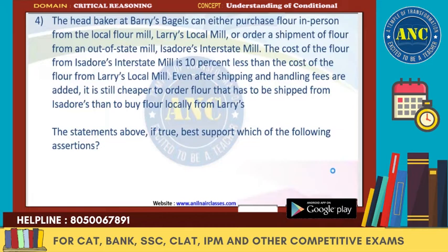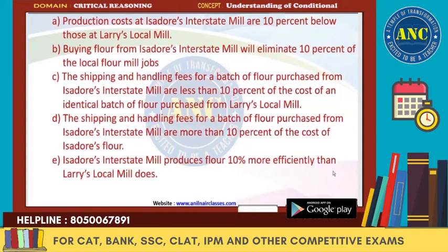Hence, purchasing the flour from the out-of-state mill will only be cheaper if those shipping and handling fees are smaller than the difference in the flour costs of the two suppliers. Also, again, we cannot assume any additional information beyond the scope of the given premises in order to find the conclusion. So let us look at the options.